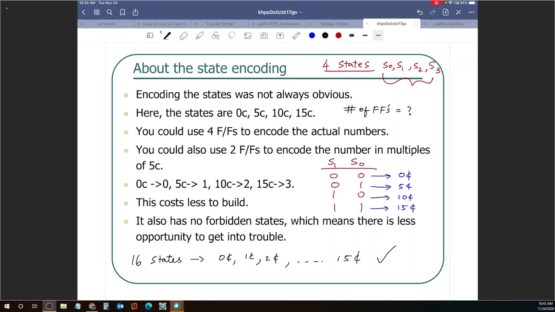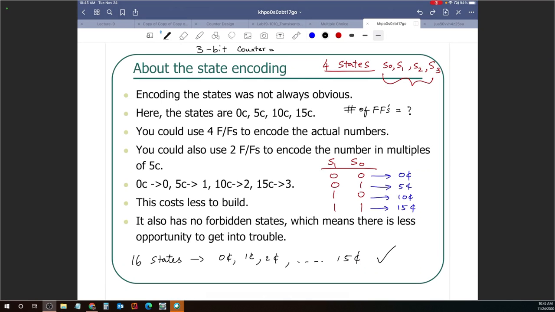So take a moment here and think about a counter design. When you had a 3-bit counter, how many states did you have? How many states did you have over there?